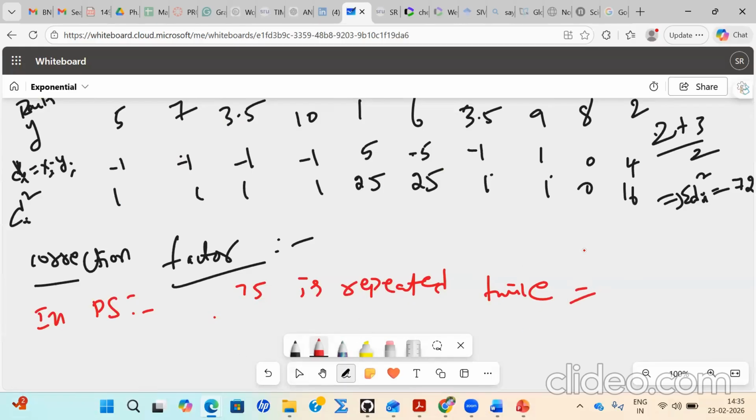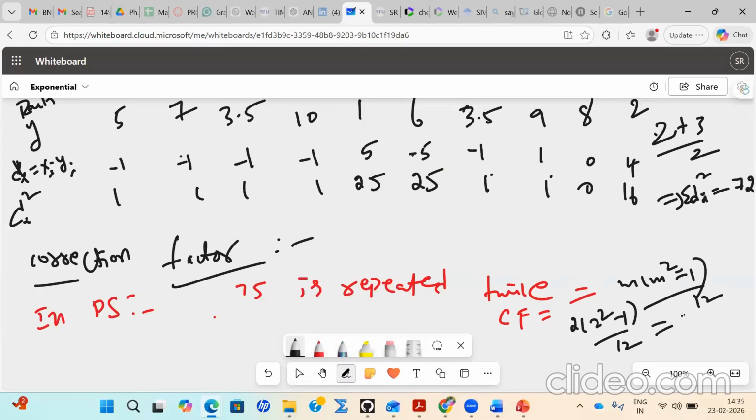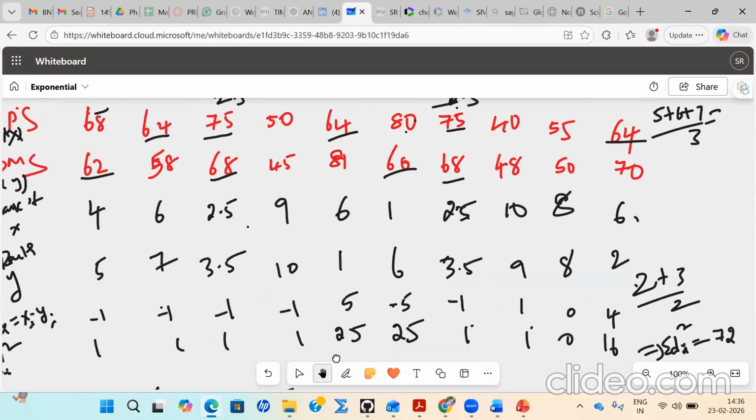Therefore, what is the correction factor, CF? CF is equal to m into m square minus 1 by 12. Here 75 is repeated twice, so m is 2. We calculate 2 into 2 square minus 1 by 12, so 2 into 3 by 12, which is 1 by 2. So the correction factor is 1 by 2 in PS. Still, if there are any more, we have to calculate separately.